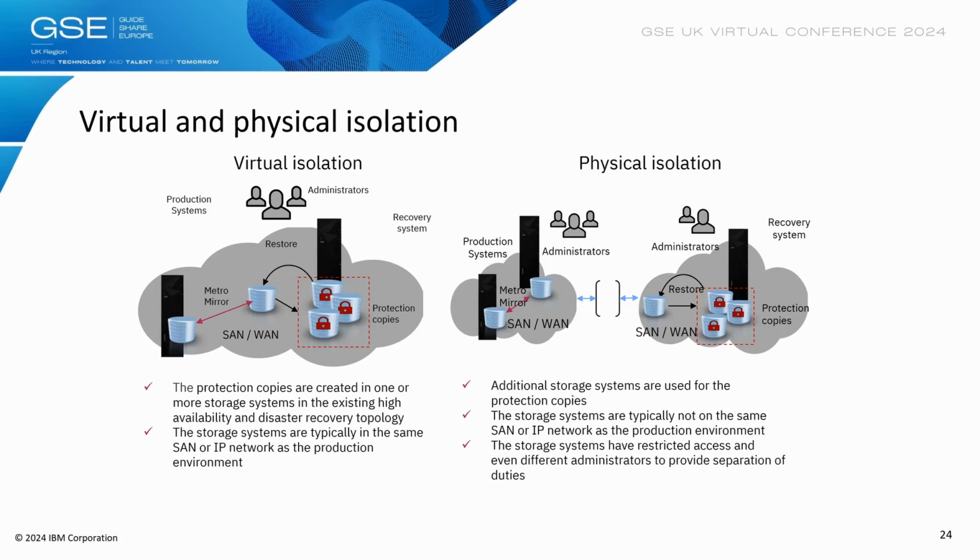Now, a physically isolated environment is completely separated. There is a dedicated LCP infrastructure outside of your production environment. So the point-in-time copies are taken on separate disk subsystems. There could be one, there could be more, which are isolated from the production environment.